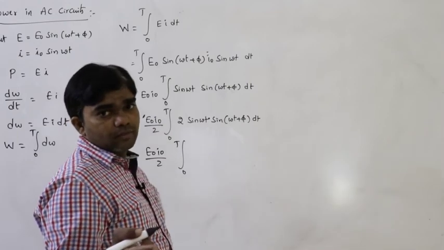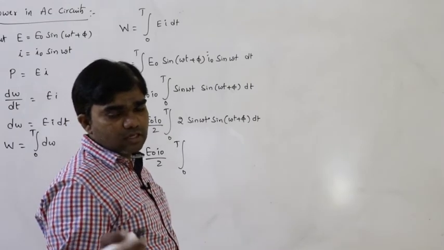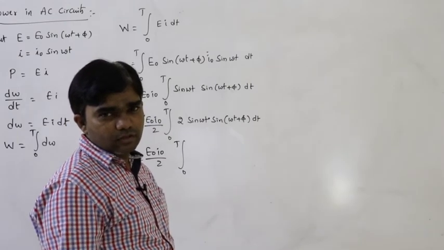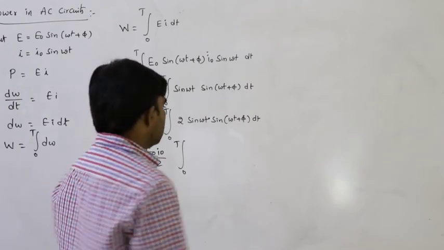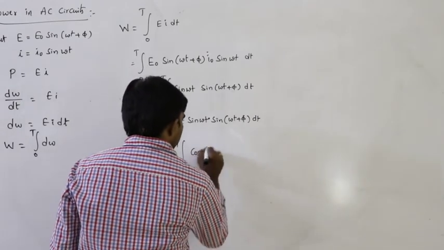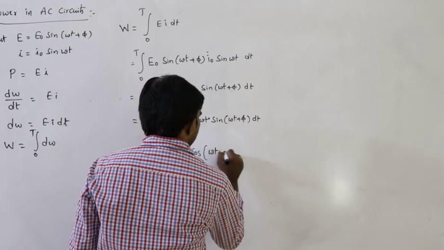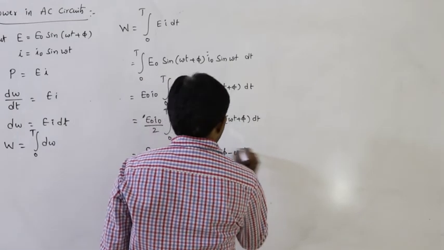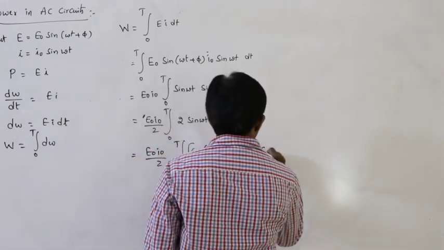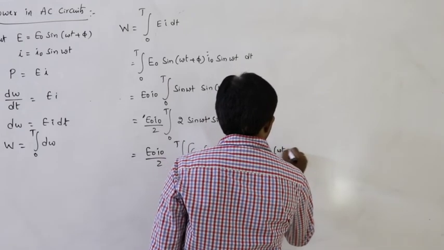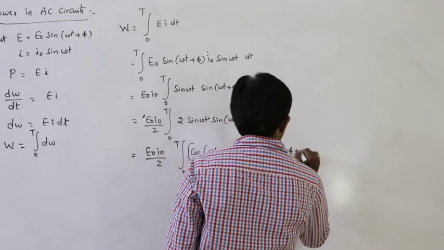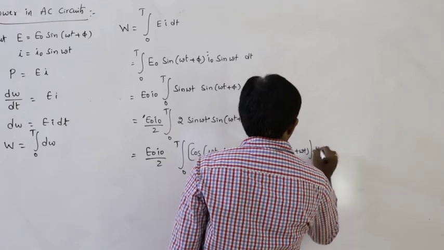So that is E naught I naught by 2 integral of 0 to T, 2 sin A sin B means cos of A minus B minus cos of A plus B. So I am writing cos of omega t plus phi minus omega t, minus cos of omega t plus phi plus omega t, dt.